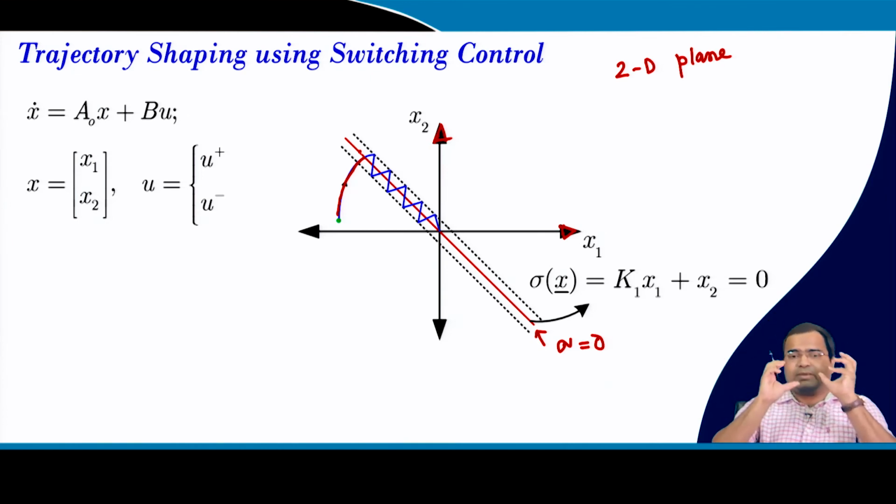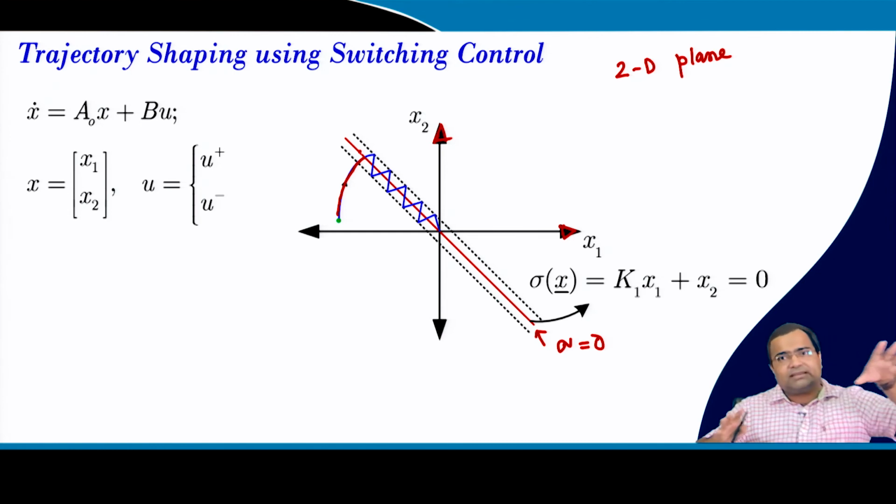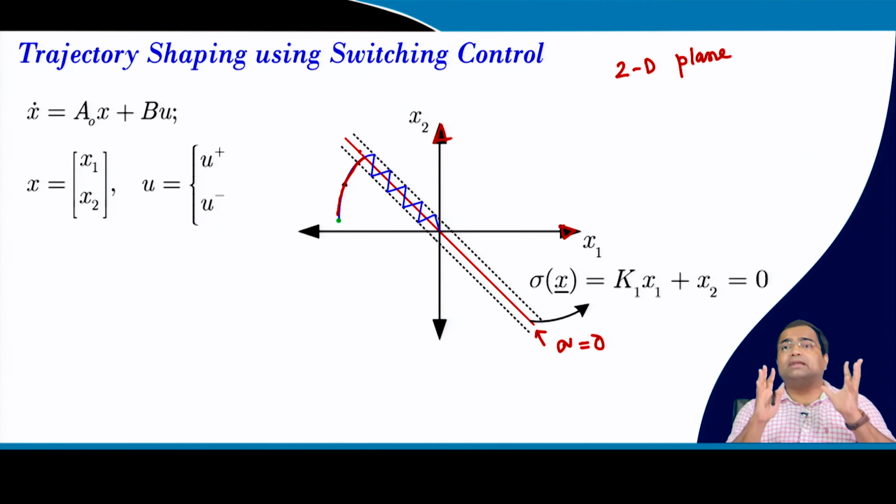But here we need to make sure of the invariance property. So, if you can force the trajectory to touch this line, and then it will remain on the line, it is similar to the concept of eigenvector. But that is not possible in a linear control system. We cannot have a desired eigenvector, only one in the whole two-dimensional plane, where the trajectory will come and remain on the line.